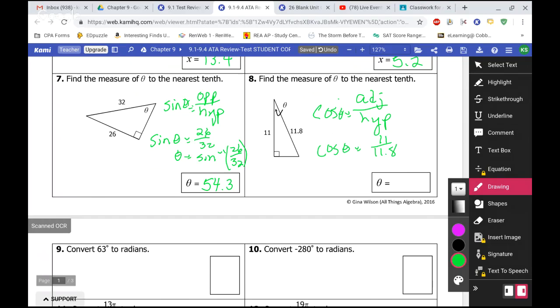So theta equals inverse cosine 11 divided by 11.8. Second cosine 11 divided by 11.8. That gives 21.2.